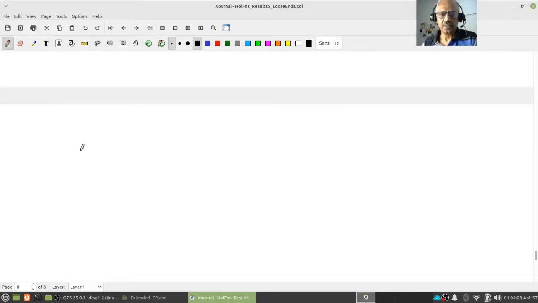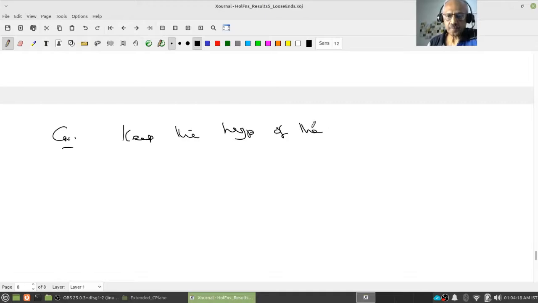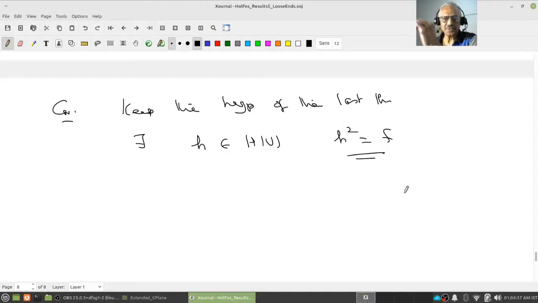As an immediate corollary of this, keep the same assumptions, the hypothesis of the last theorem. Then I want to say there exists a function, now I am running out of notation, a function h which is holomorphic on u, so that h squared equals f, that is, a square root of f exists.